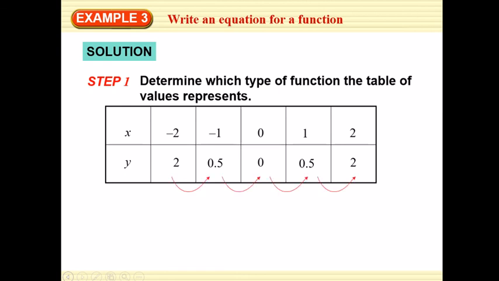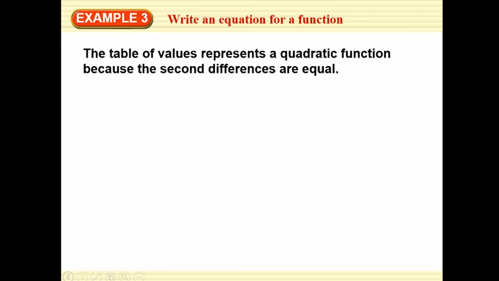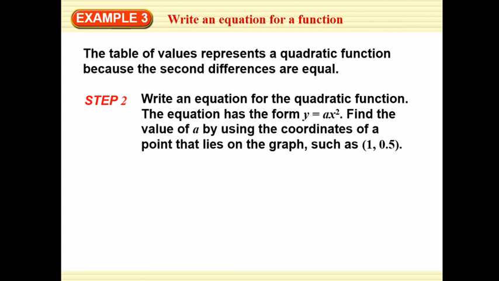I can find the first set of differences, and they are not the same, so it's not linear, so go ahead and cross off linear. The second set of differences lands me with a common difference of 1. So that means this is quadratic. The table of values represents a quadratic function because all the second differences are equal.